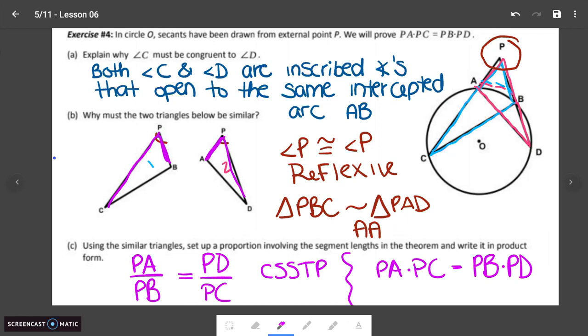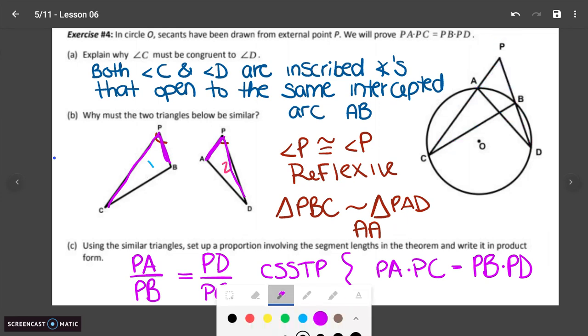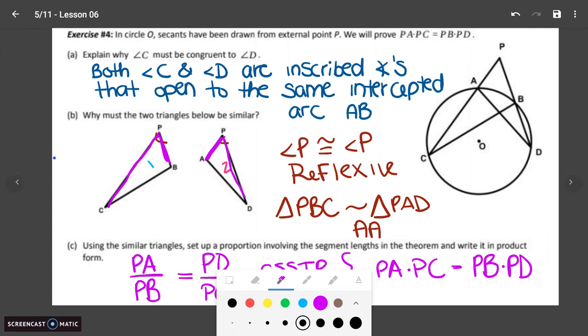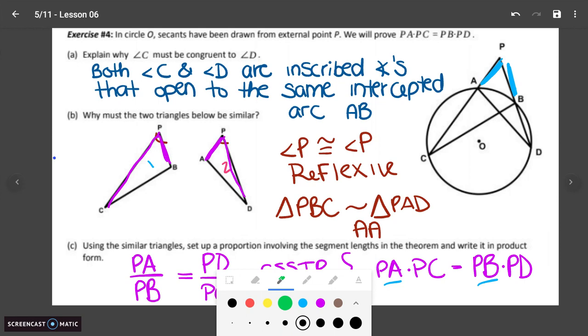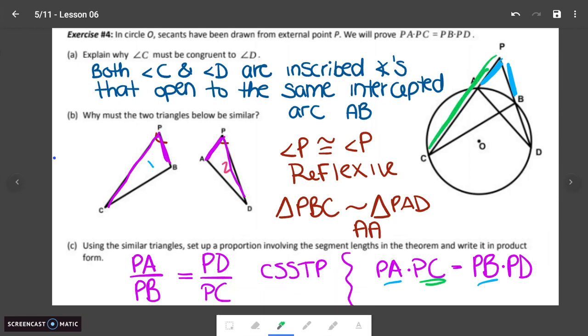So that works every time, which in our case shows us that the pieces of the secants that we wanted to show, PA times PC. So if I erase all this stuff on here and show you why it was so important to prove that, look what we just did. PA is the outer, PB is the outer, times the whole thing of PC and the whole thing of PD.